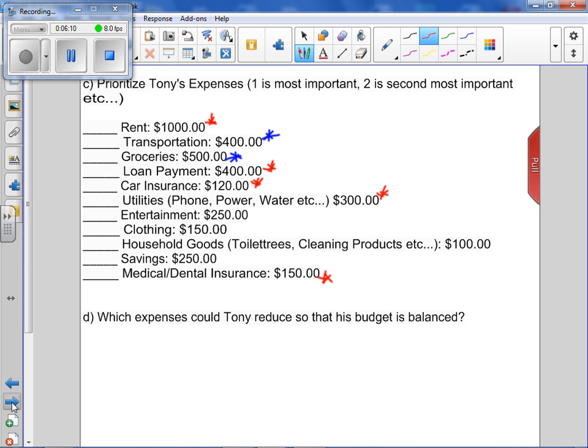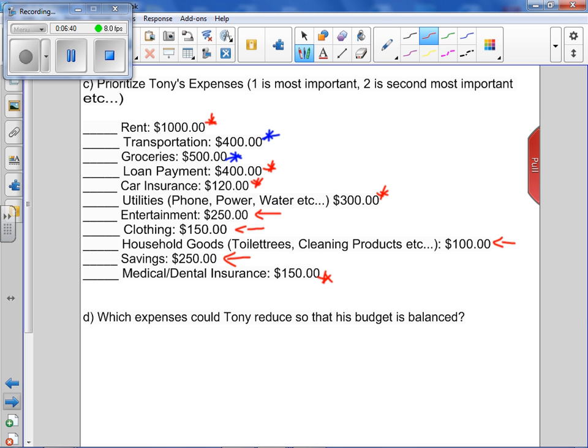Again, I'm trying to cut $120. So I look at the ones that I don't have marked, which are my clothing, my household goods, my savings, and the last one was entertainment, which was $250. I'm going to look at those for a second and figure out if I can actually cut $120 out of there. I'm spending $250 a month on entertainment.